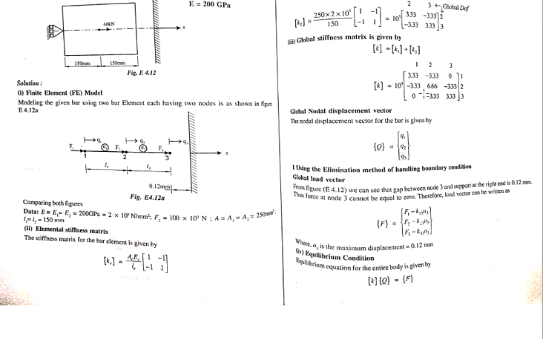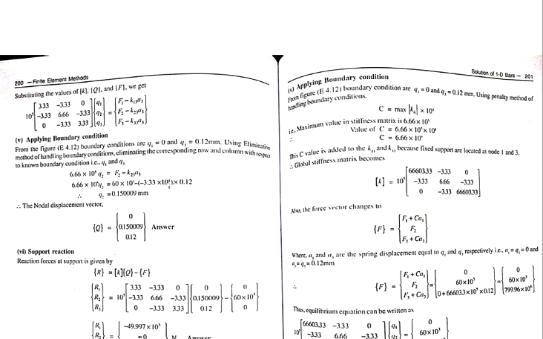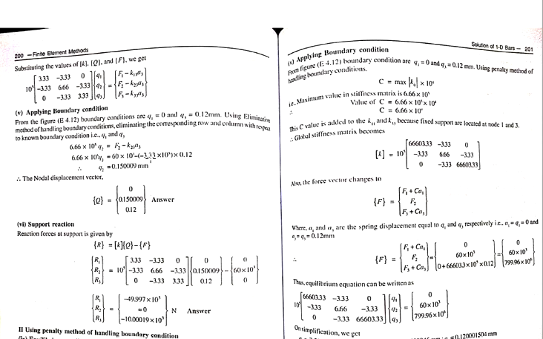See here, this is second row, third column, so k23 is minus 3.33 into 10 to the power 5, into displacement 0.12. This is given data. So if you multiply and divide, you will get a displacement which is 0.15 mm.